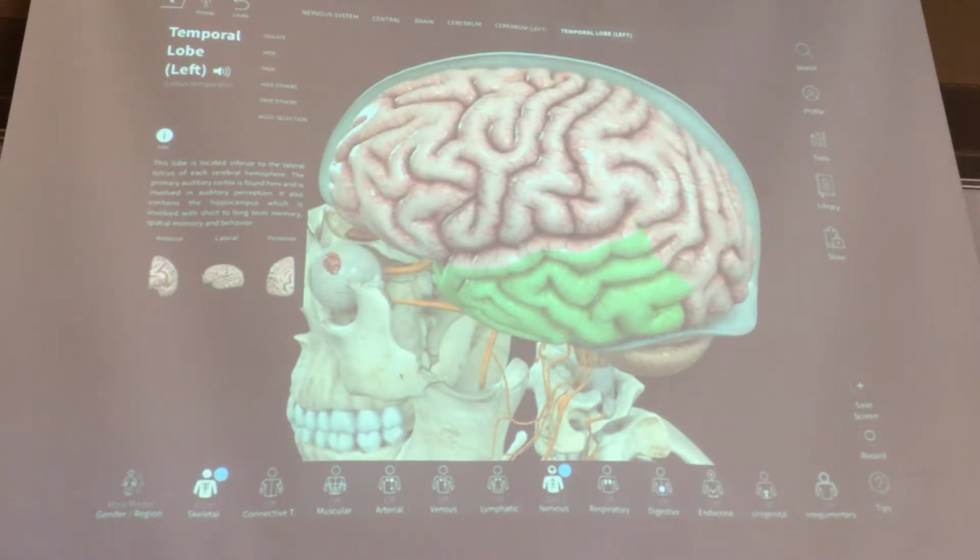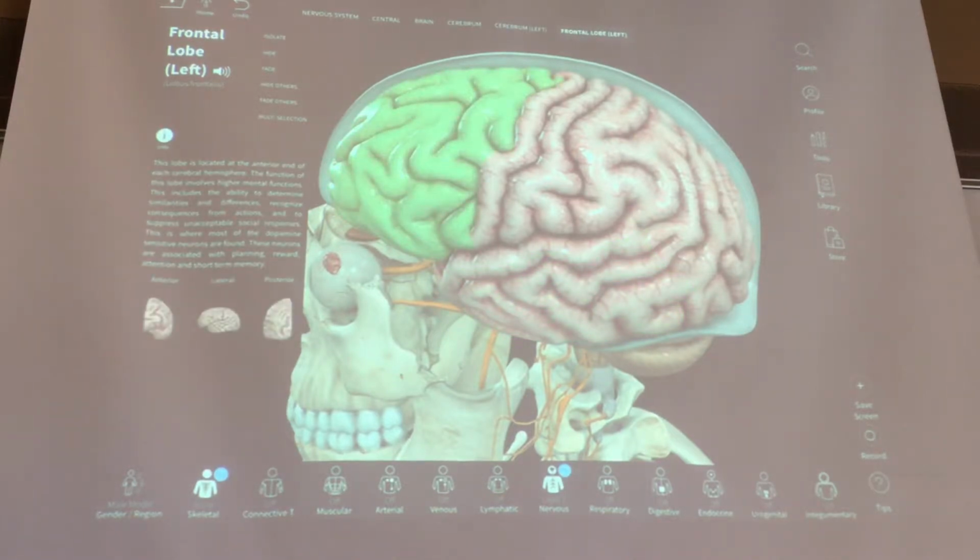So let's talk about what each of those lobes are responsible for. So the frontal lobe governs all your voluntary movements. So if you were to get injured right here in the front of your brain, then you may have some issue with talking to your muscles, okay? So this is voluntary control of all your movements.